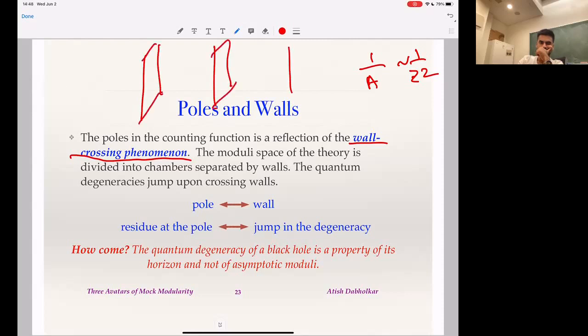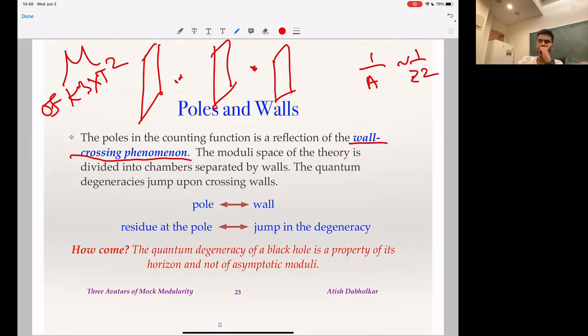So I'm plotting here a moduli space of K3 cross T2. And whether you're here or here, on this side of the wall or that side of the wall, you actually are expected to get different numbers of bound states. And this is well understood in the enumerative geometry, in, say, the Donaldson-Thomas theory and so on.